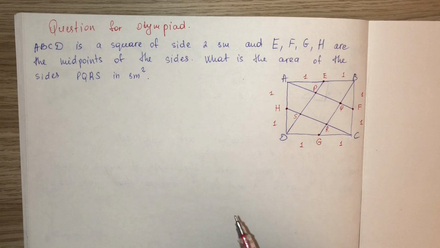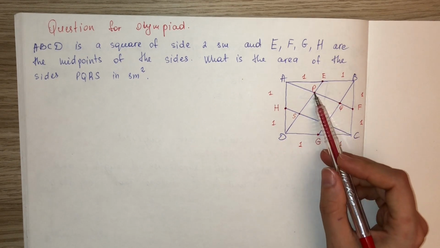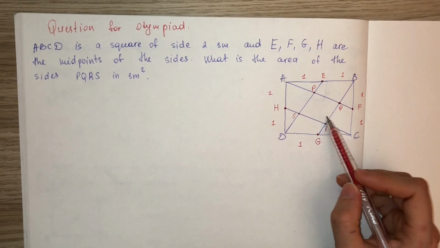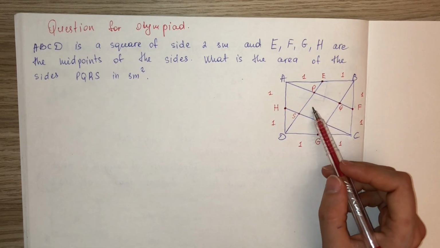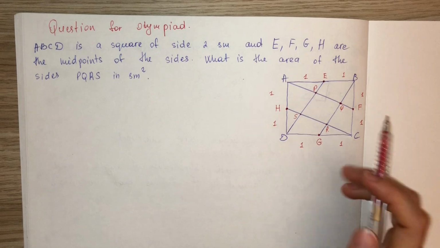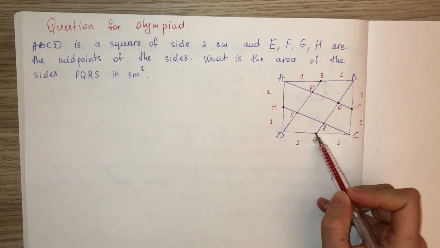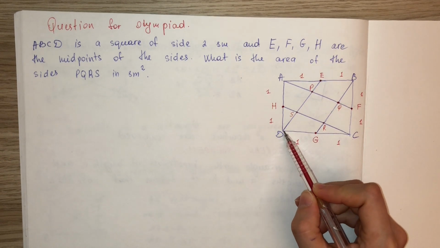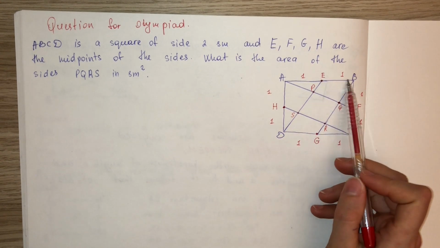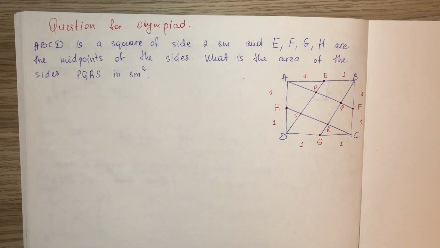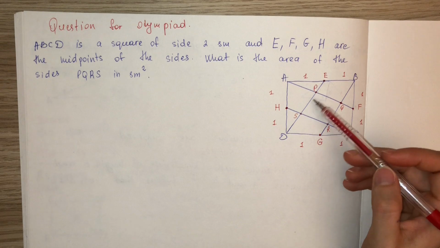And what is the area of the square PQRS? We need to find this. Now EBGD is a parallelogram because each pair of opposite sides are equal, congruent and parallel.